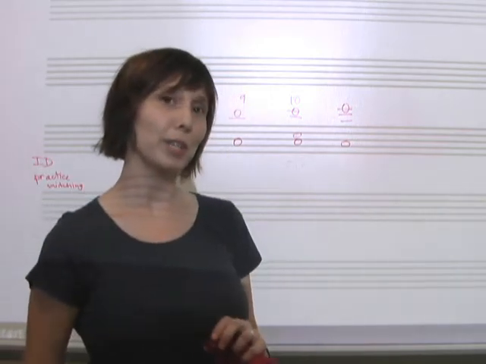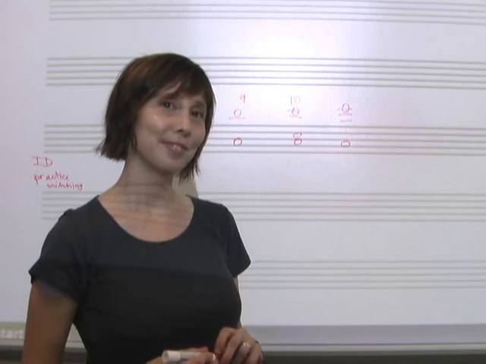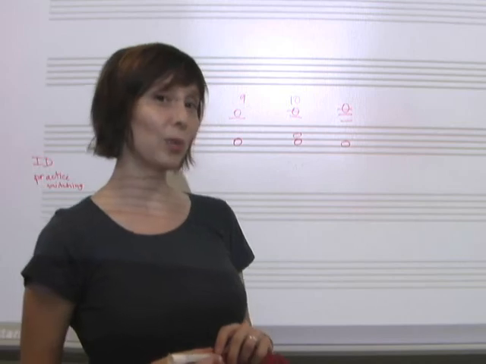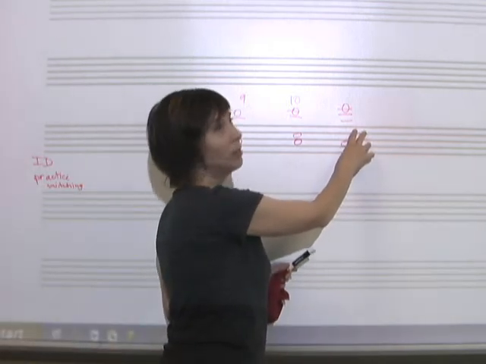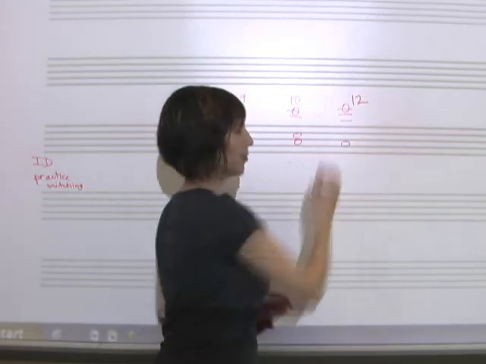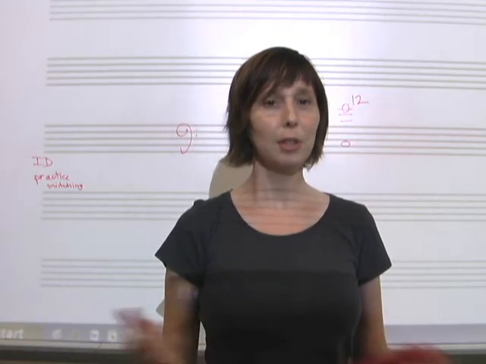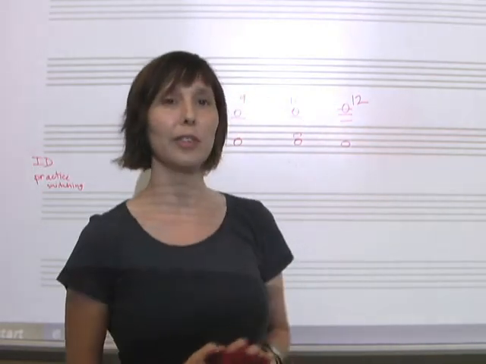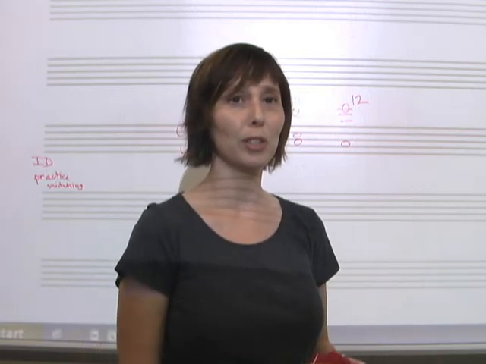What interval would that be? It would be a 12th, right? Because C up to G would be a fifth, plus 7 makes 12. And that's how you identify compound intervals. Sometimes we sort of just call them a fifth or a third, even though they really are an octave higher. But you should be aware that compound intervals exist.